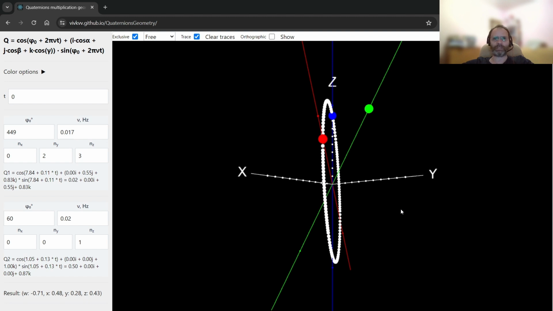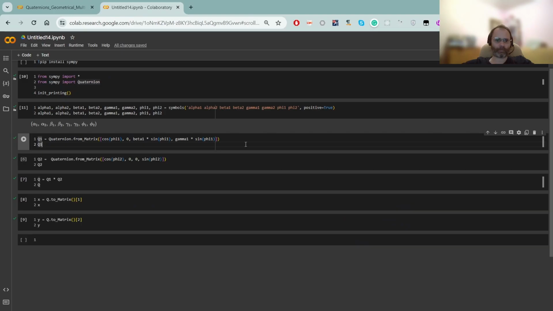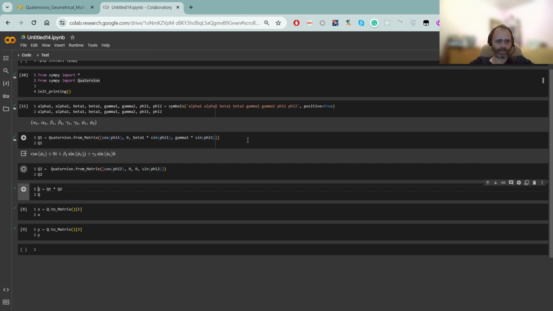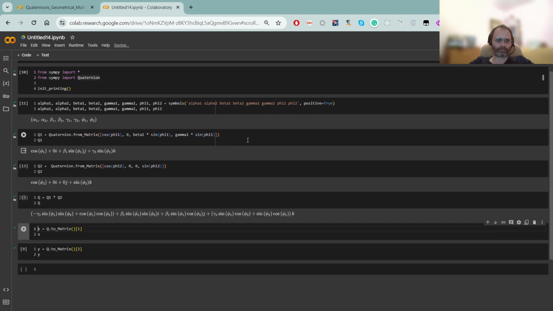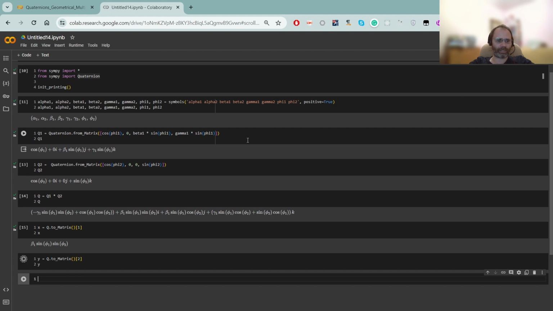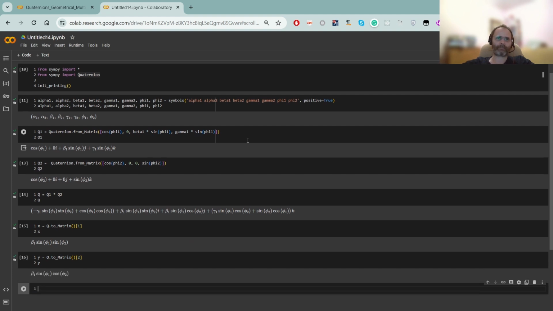Let's switch to the Python window and show the original quaternions and their product in components. First quaternion, second quaternion, and their multiplication. And now I want to see the x and y components of the result.